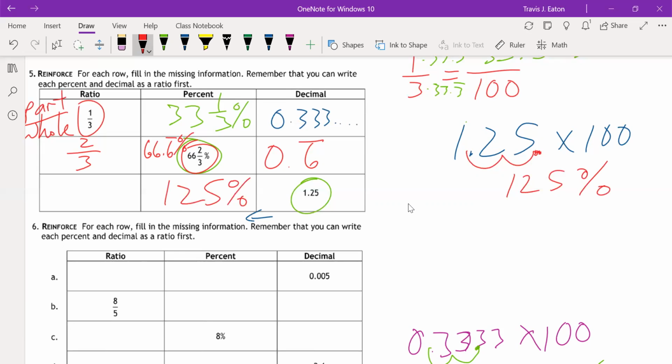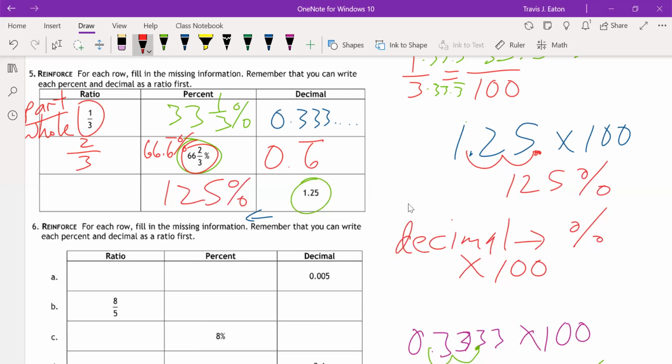So remember, to change a decimal to a percent, you must multiply by 100.